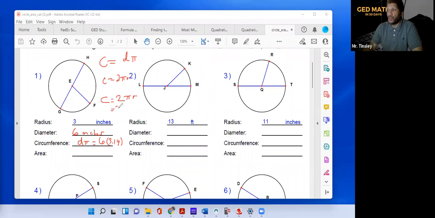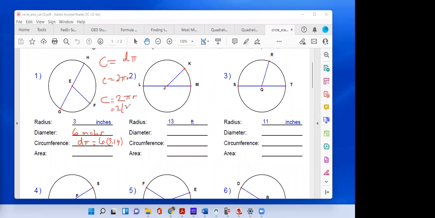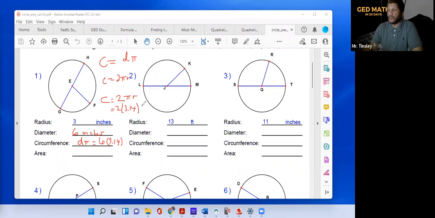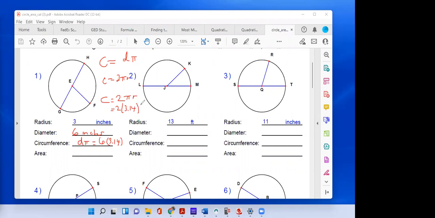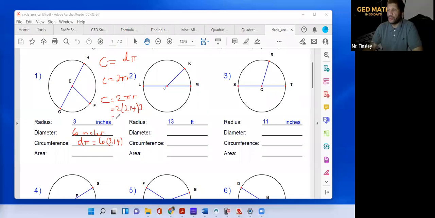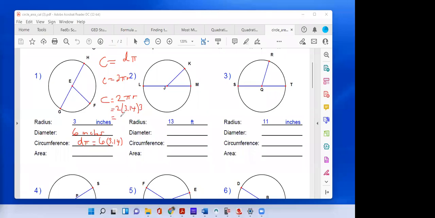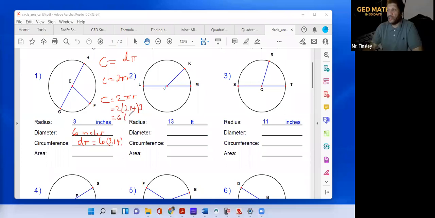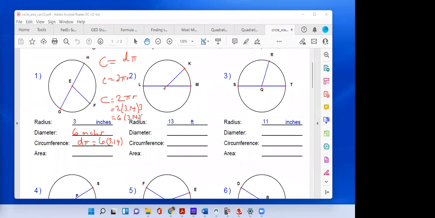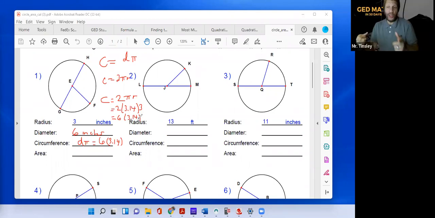So 2 times 3.14, and what's the radius? The radius is 3. What's 3 times 2? 3 times 2 is 6. So did we get the same exact thing? Right. You just decide which formula you're going to use, it doesn't matter which one.